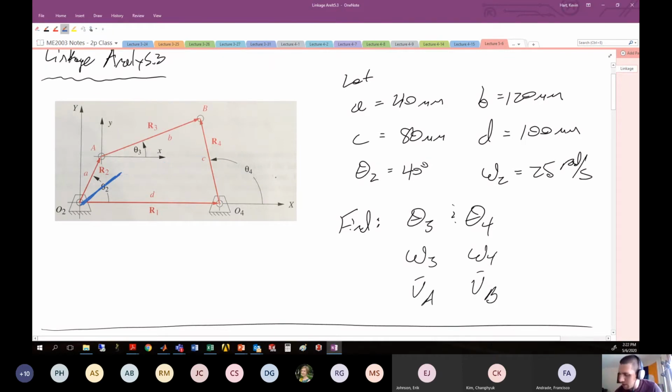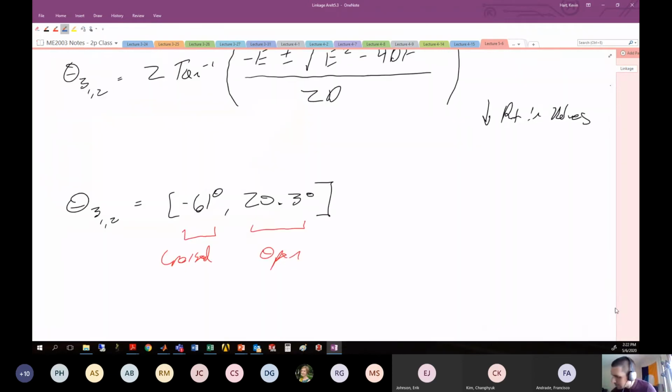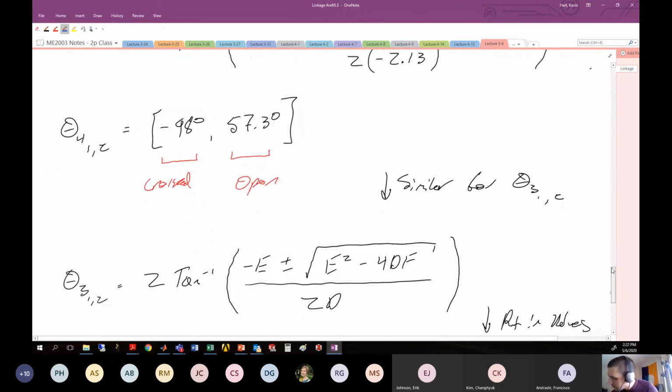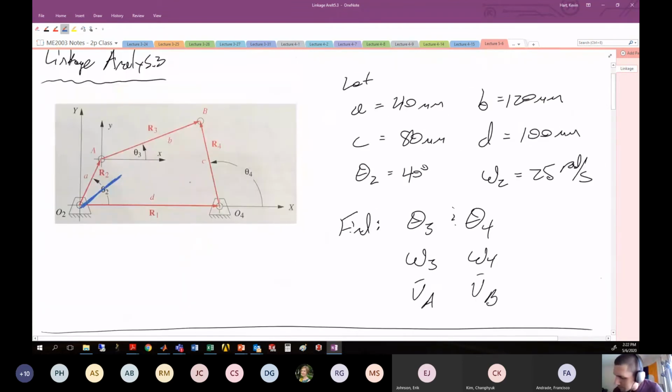And if we consider now the alternate angle for this theta 3 from our configuration, that alternate angle is negative 61 degrees. If we consider negative 61 degrees, that's going to be roughly here, right? A pretty steep angle.